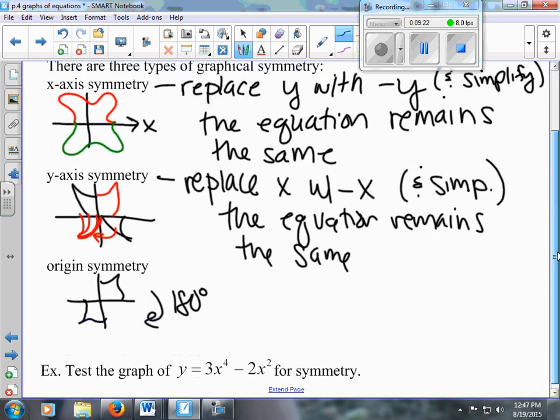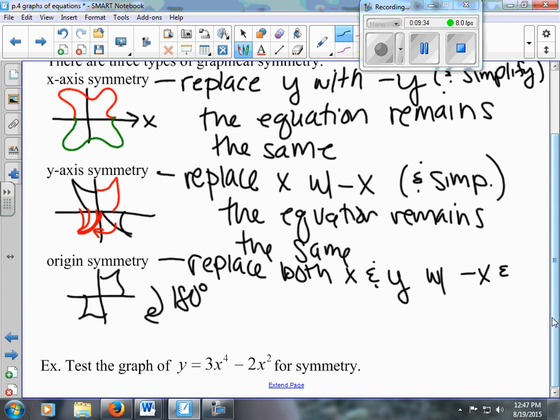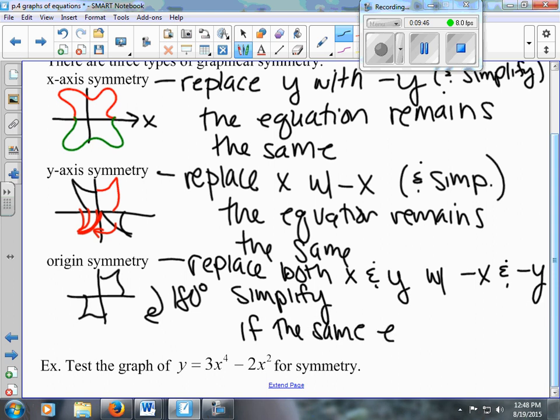Okay, finally, for origin symmetry, we replace both x and y with negative x and negative y. Simplify. And then if it's the same equation that you started with, then it has origin symmetry.